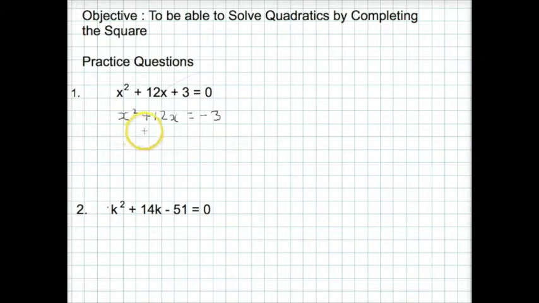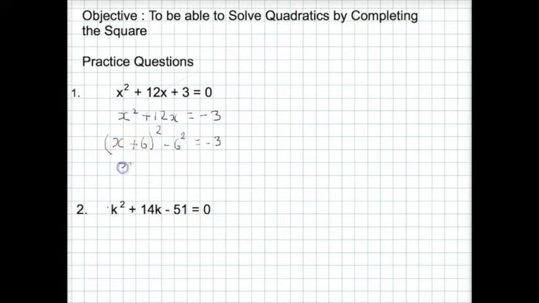In order to do this, we divide the second term by 2 and write it as x plus 6 all squared. But then, the answer that we've got from dividing the 12 by 2, we have to take away the square of it. So we need to take away 6 squared, and that's going to equal negative 3.